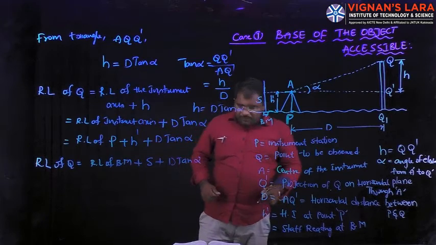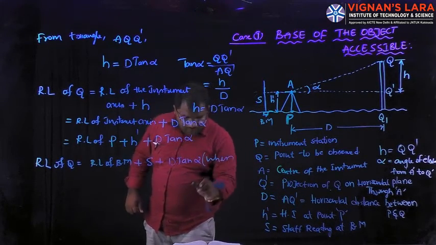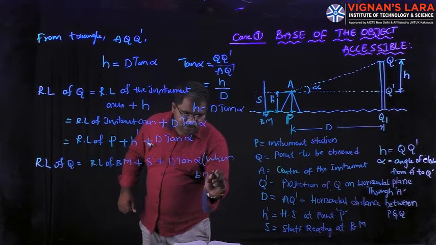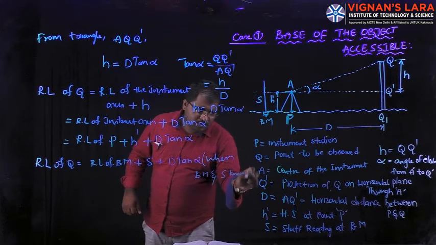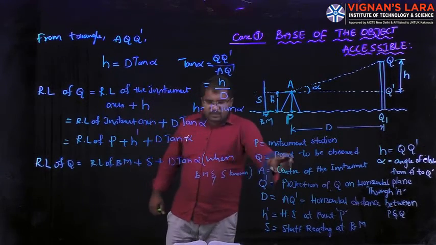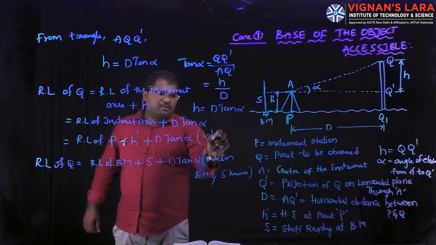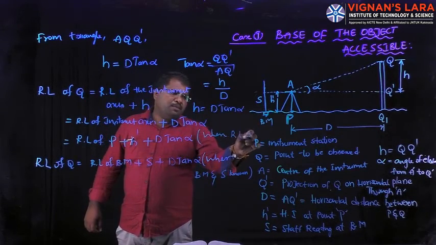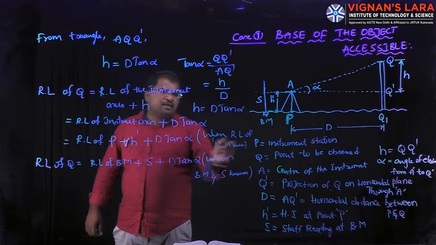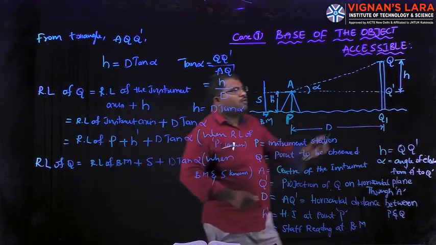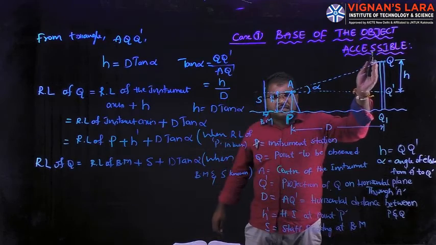This is the method when benchmark and S values are known. And the first one is used when RL of point P is known. Like this we are going to know the reduced level of the object, that is Q.